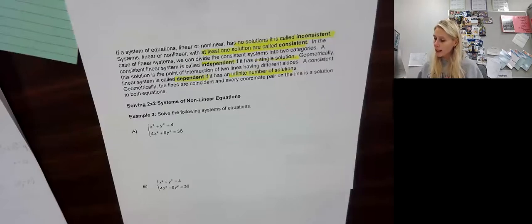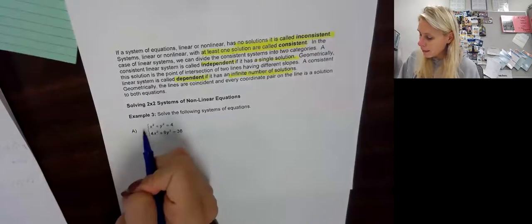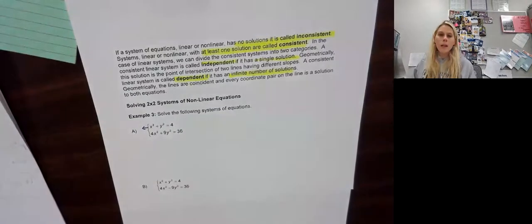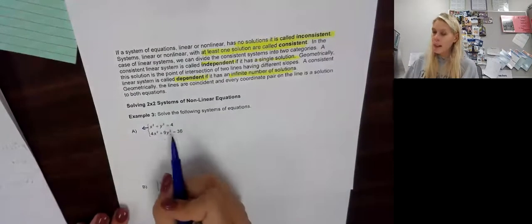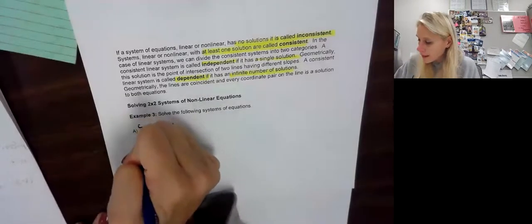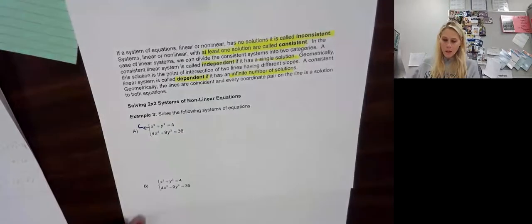So in A, first of all, I want you to picture what could happen. If you see, because we have ones in front of the x squared and y squared here, and it equals the value of 4, we know this is a circle, okay?